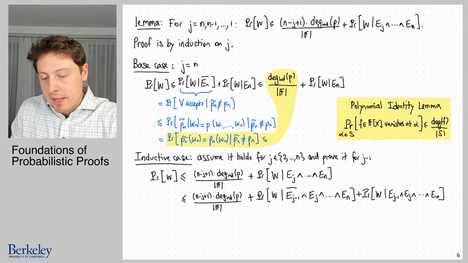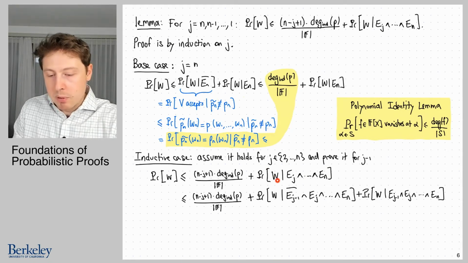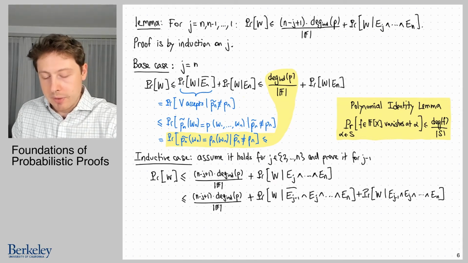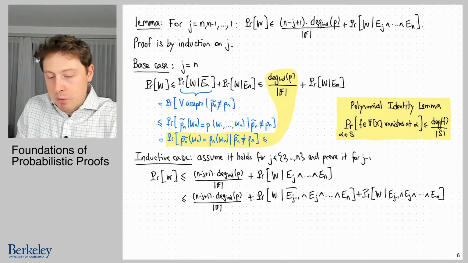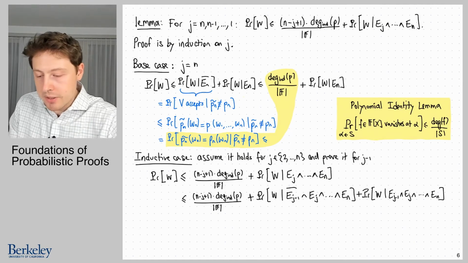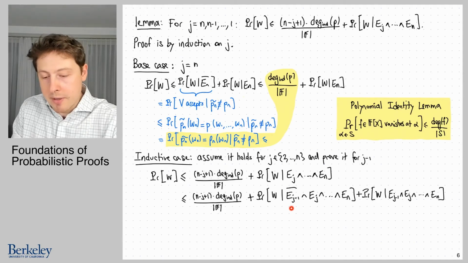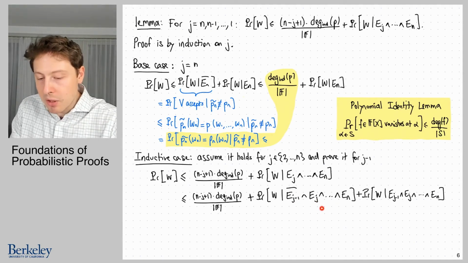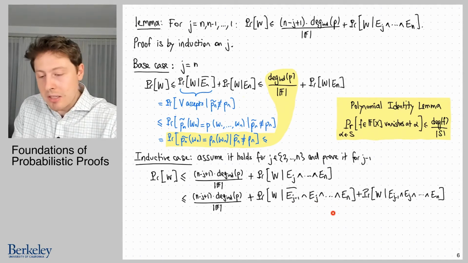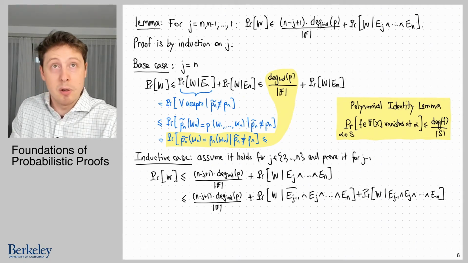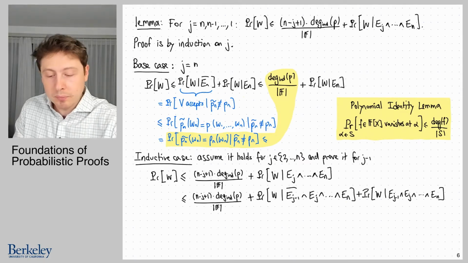If we want to understand what is the probability that the verifier is convinced and the prover decided to be honest starting from round j included and onwards, well, that is at most the probability that he decided to be honest already in round j minus 1, or he started deviating in round j minus 1, given, but also that he was honest later on, okay? Because if he decided to be dishonest later, we're going to be already fine, like we already took care of it somewhere else, okay?